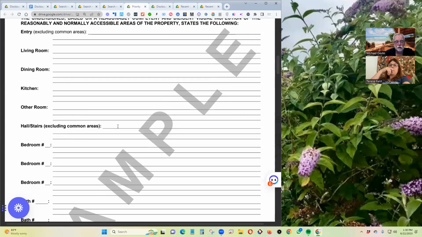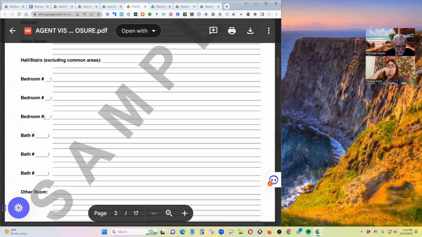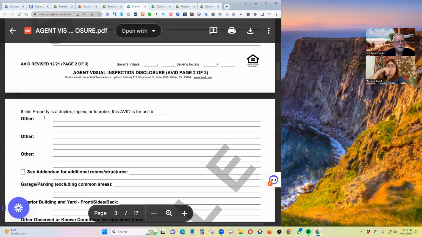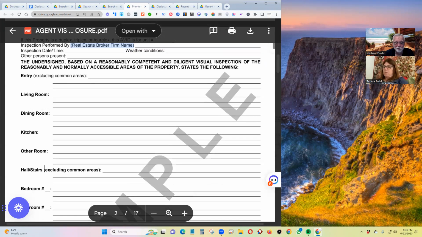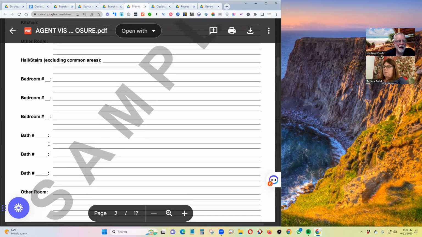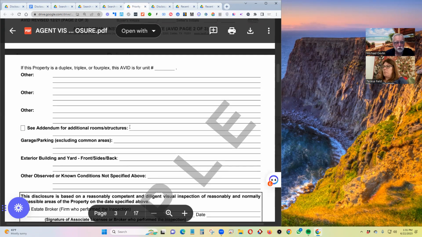All stairs, excluding common rooms, bedrooms: if you have more than 3, which is quite possible, we go down to other. If you have more than 6, we make an addendum. Baths, if you've got more, you can add an addendum for additional rooms or fixtures.